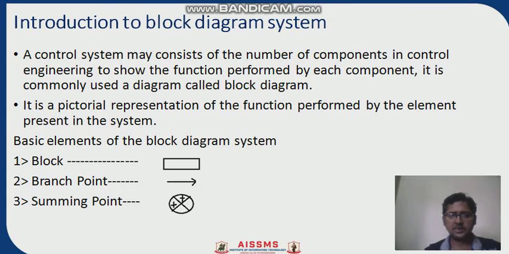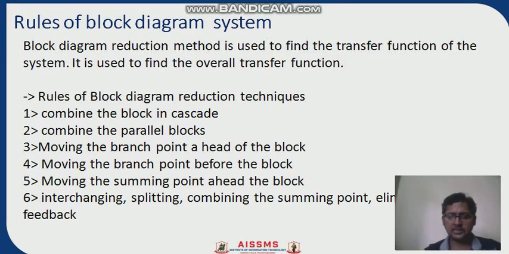The basic elements of block diagrams are the block, the branch point, and the summing point. The block is represented as a rectangle, the branch point as an arrow, and the summing point as a circle with two plus signs, which may be plus or minus.